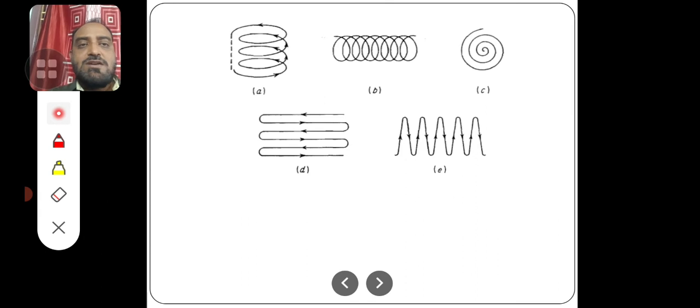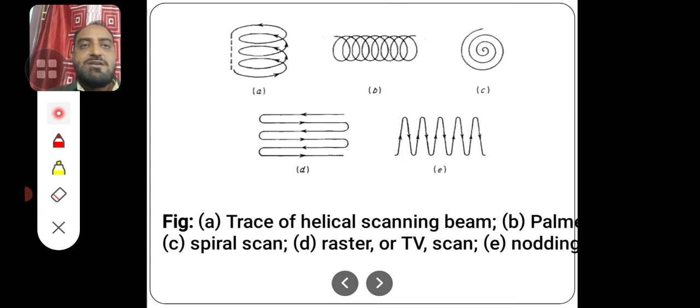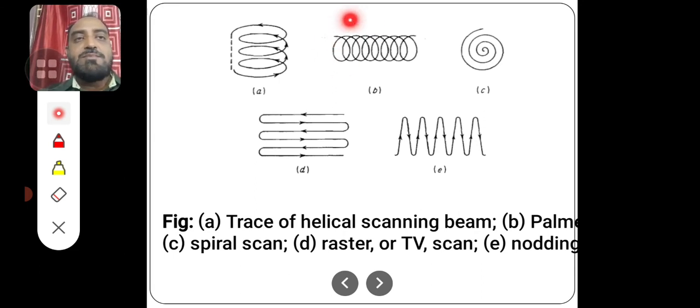The first one is the helical scan. The helical antenna produces a helical scan beam which is circularly polarized. That helical antenna will produce a very sharp pencil-like beam, which is very familiar in satellite communications. The second one is the Palmer type of pattern, where a spring-like structure is generated.